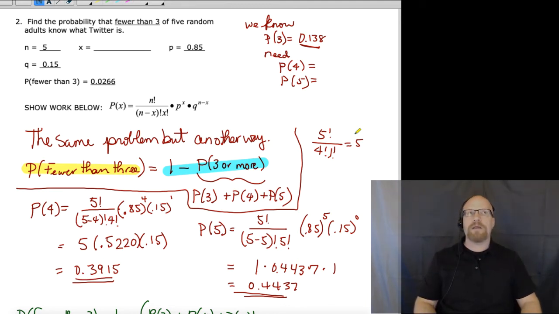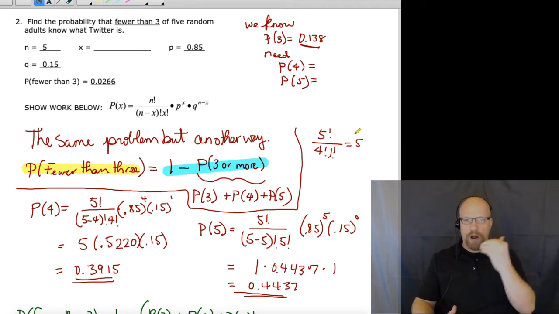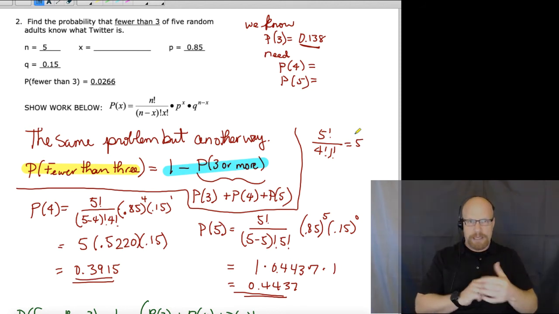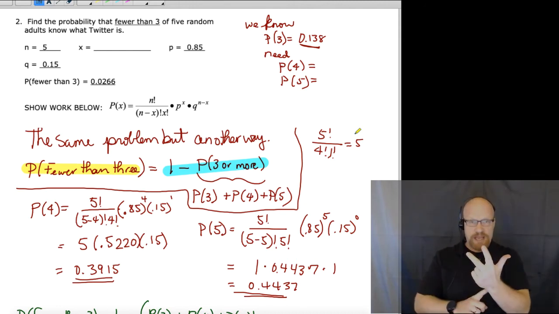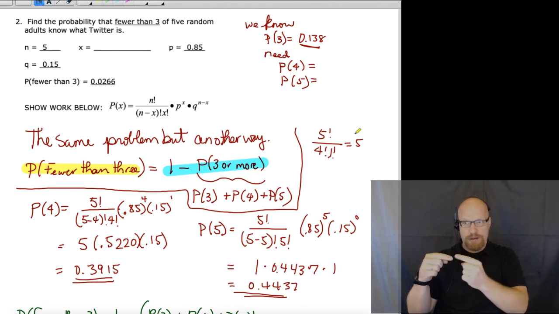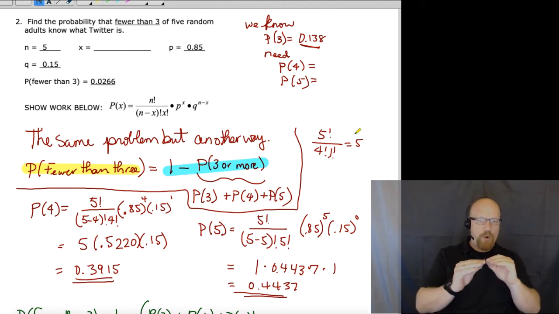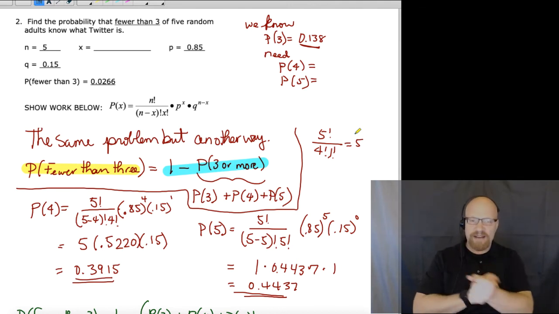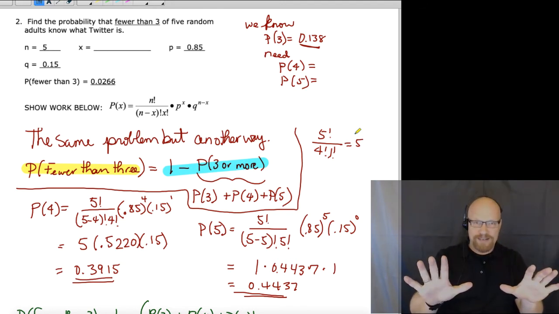But the possibilities of getting 0 adults, 1 adult, 2 adults, 3 adults, 4 adults, or 5 adults are the whole sample space probability. If fewer than 3 is 0, 1, and 2, the opposite but similar would be 3 or more: 3, 4, or 5. So I can find fewer than 3 if I take 1 minus the other part. So we try that now.